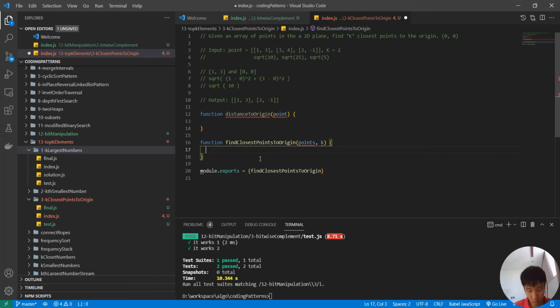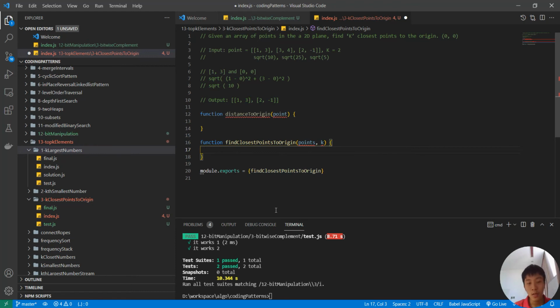So the approach is the same as the k smallest problem, right? For k smallest numbers, we want to use a max heap, because at any point in time we want access to the largest number in the heap. We try to maintain the heap having at most k numbers, in our case k distances.